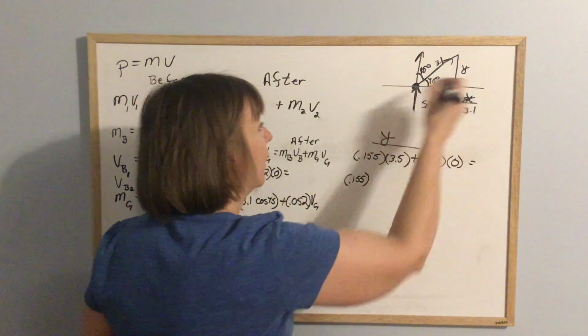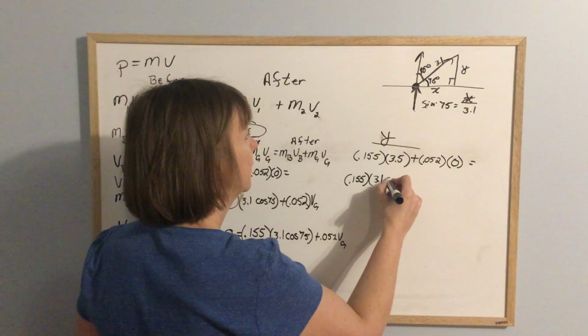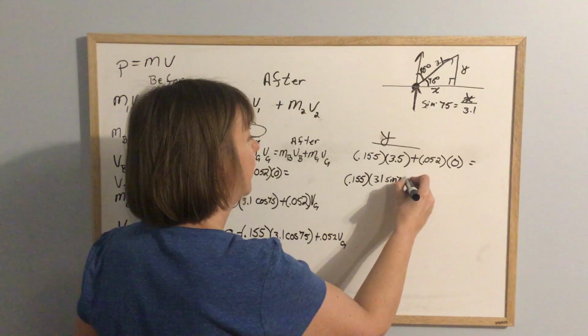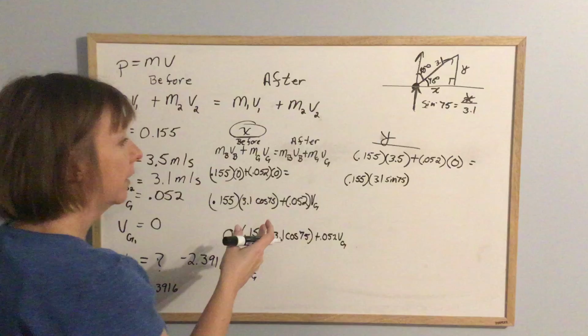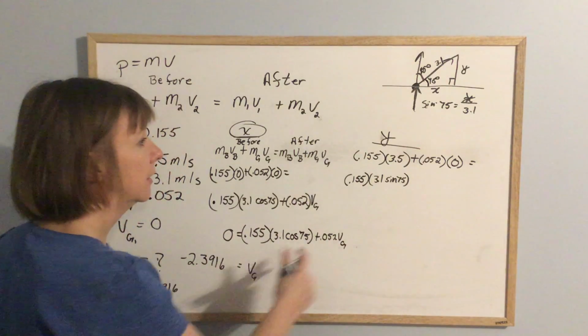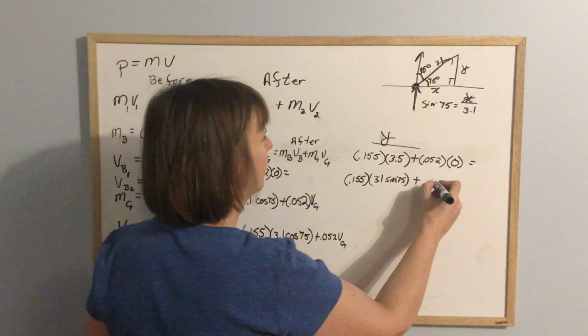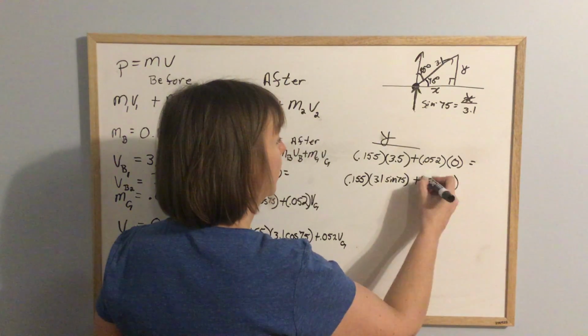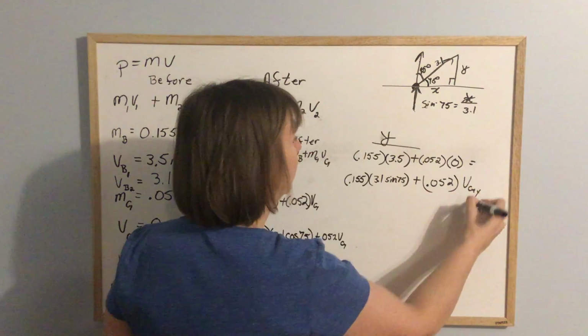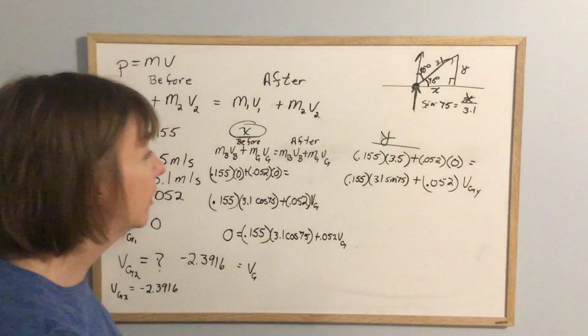And that's the y component. So we're going to do 3.1 times sine of 75. So that is the mass times the velocity. Plus, now we have to do the golf ball. The golf ball is 0.052. And we do not know the y component of the golf ball. That's really what we want to figure out.